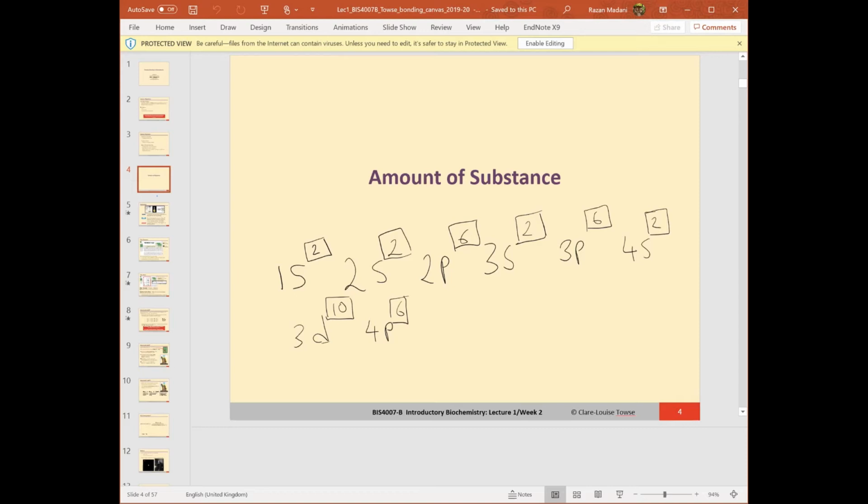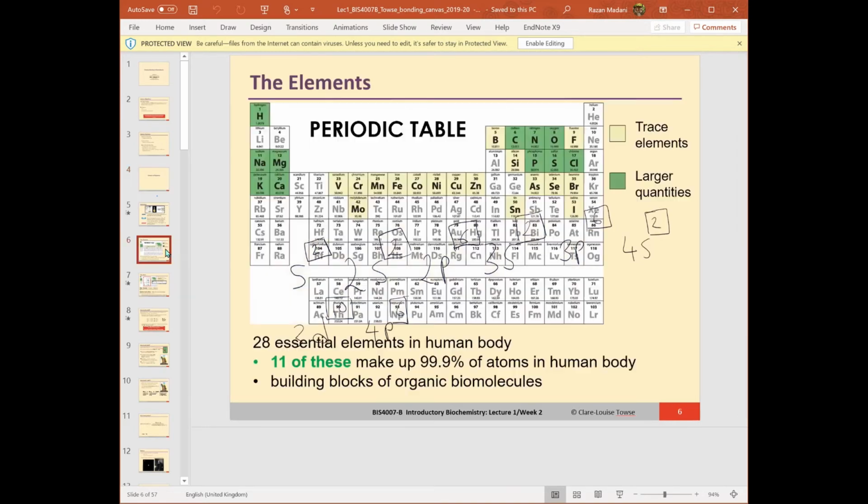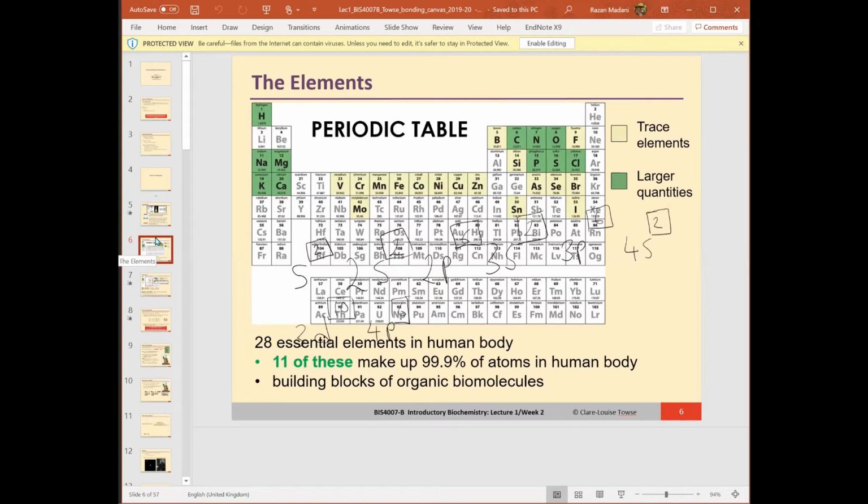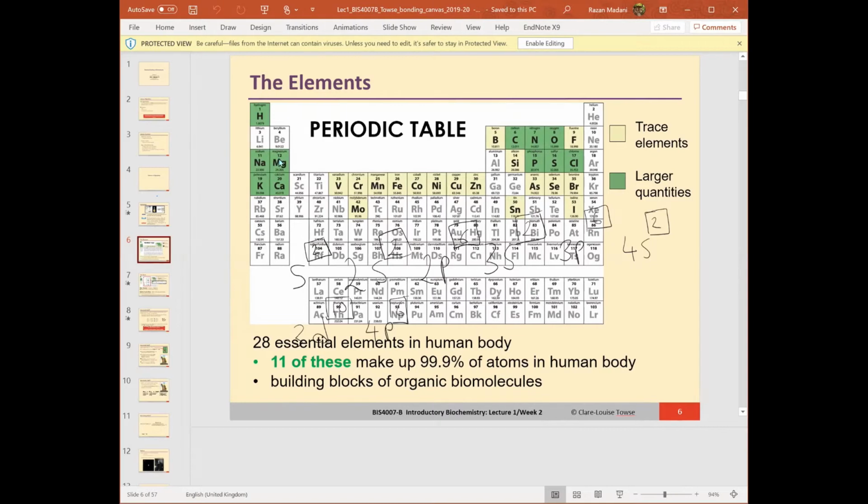And d subshells will only have the capacity for 10 electrons. Okay? And they need to fill. Yes. So for example, magnesium has 12 electrons. Do you agree? Yes. So it'd be 1s and 1d.